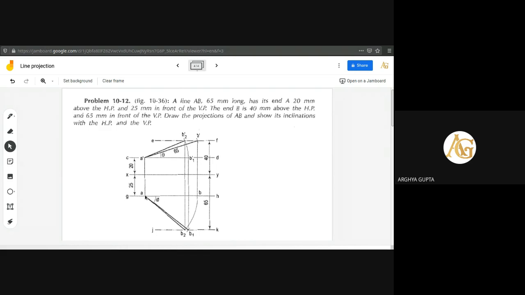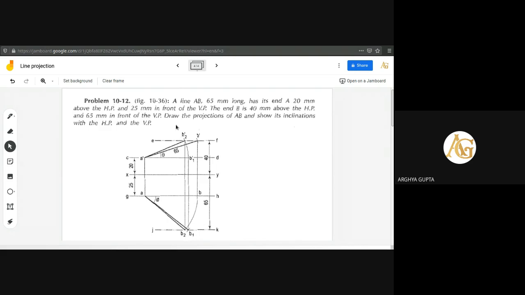And making center at A, with the radius AB1, we have to draw an arc up to the horizontal line JK, so that point will be B2. Now if you join A dash B2 dash and A B2, these two lines are the final view of the line.